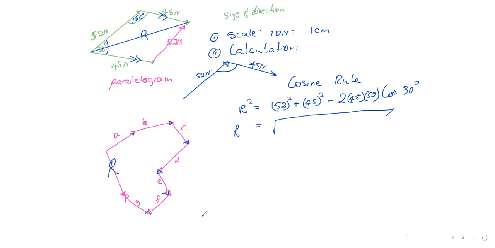Now have a look at this one here. If I have a vector there and another vector there, and another vector here, we look at the directions of those vectors.